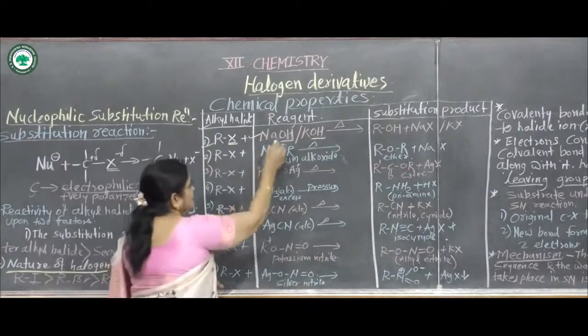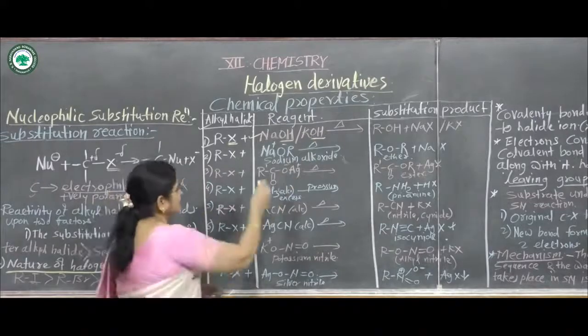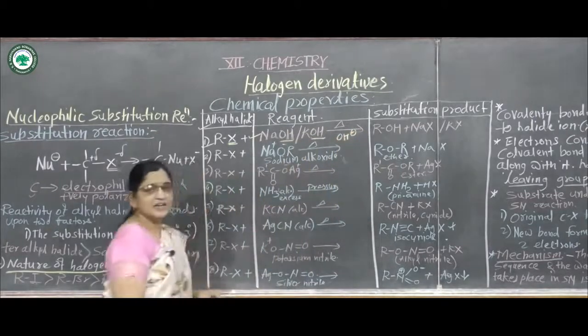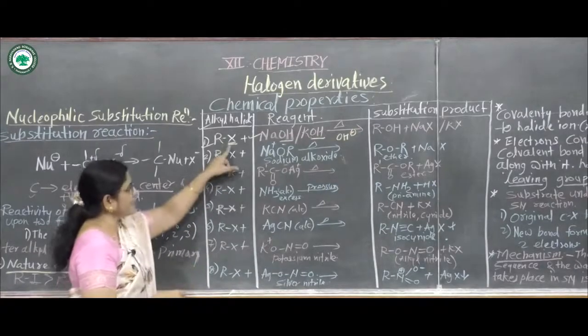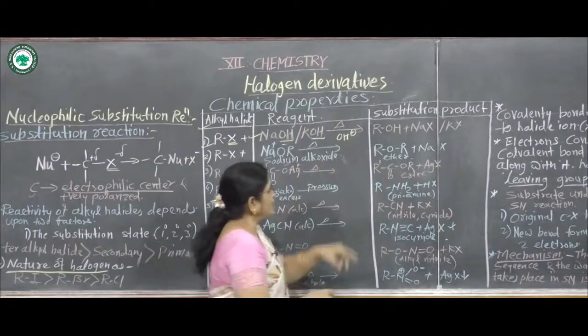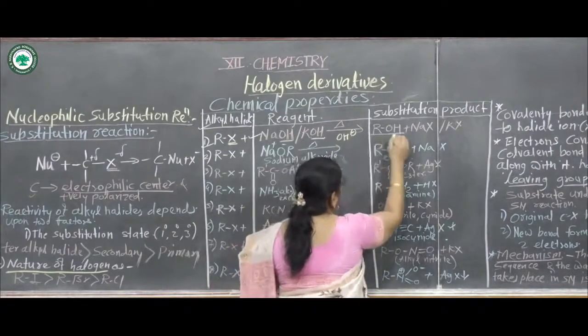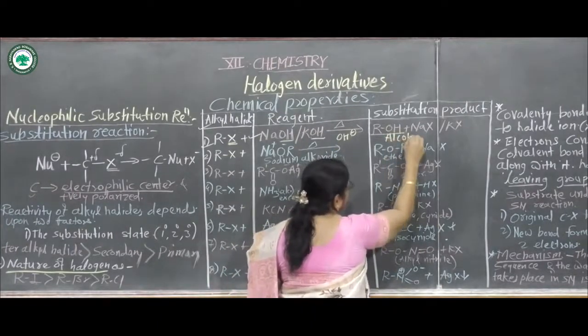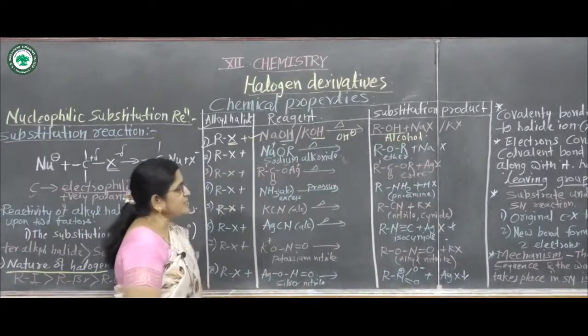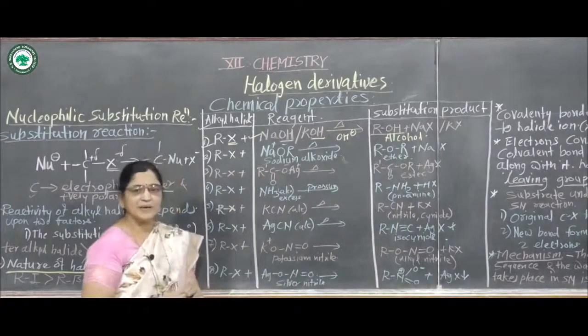In NaOH and KOH, OH minus acts as a nucleophile, that means it has a negative charge. This halogen atom is replaced by OH minus and it forms which product? ROH, that means the compound is an alcohol. It gives alcohol plus sodium halide or potassium halide.